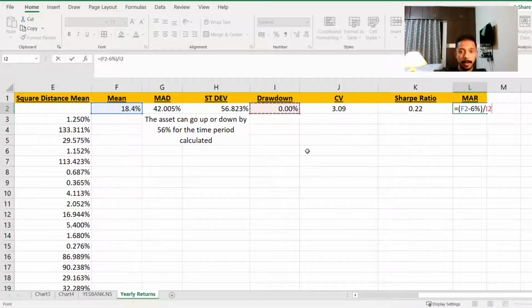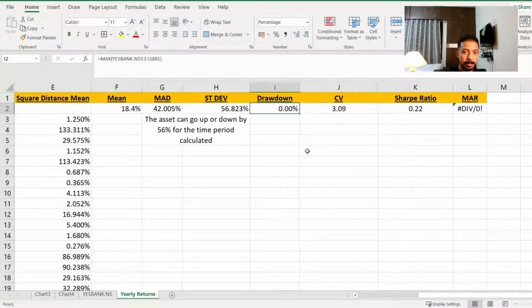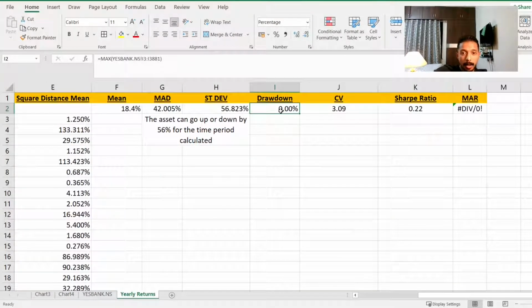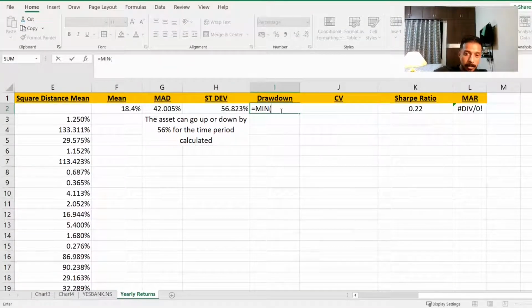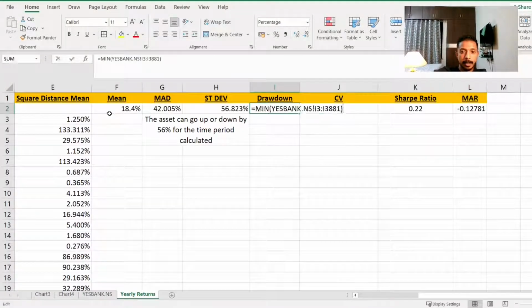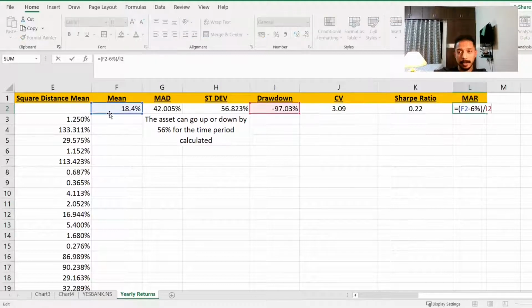So I suppose I had calculated drawdown, but I think it's gone. But let me just quickly bring that back to you. And instead of maximum, I'll have to use minimum, because remember for the chart we changed it to minus. So that's about 97.3, right?